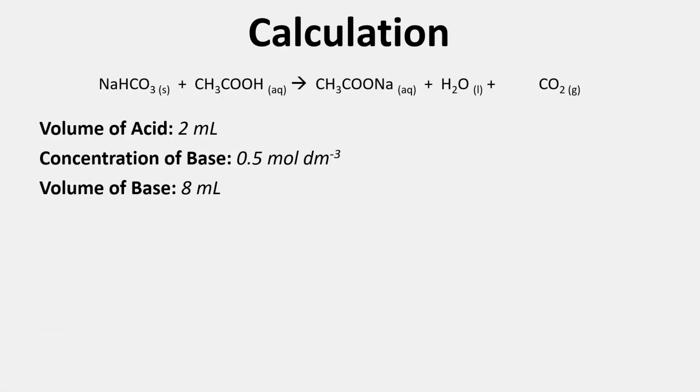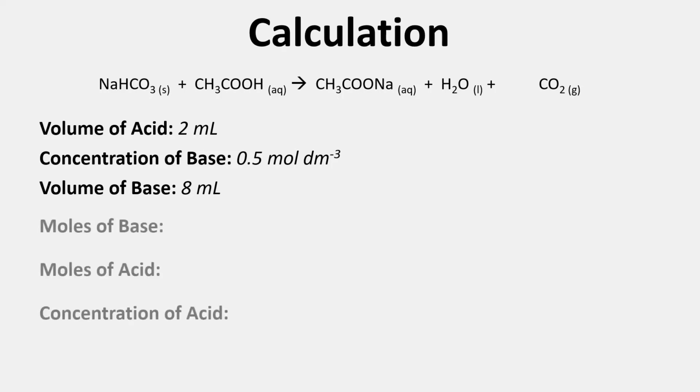So I need to think about all the molecules of acid only actually came from the 2 millilitres of acid we added. So now we need to calculate the moles of the base so that we can work out the moles of the acid, and then we can work out the concentration of the acid.